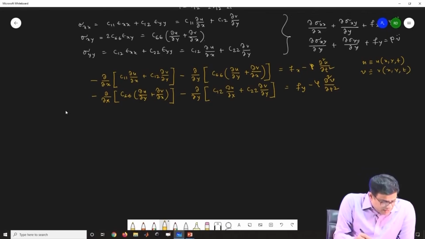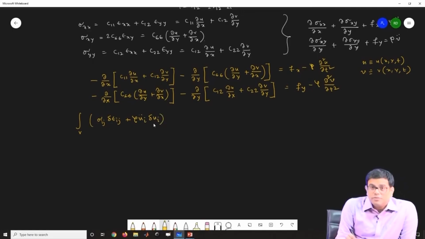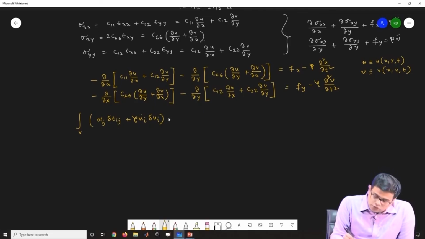If I write it for the virtual displacement, the integral over V, my domain, we can write it very easily as sigma ij delta epsilon ij plus rho u double dot i delta ui. So these are the delta variations of displacement, and delta variation of the strains.